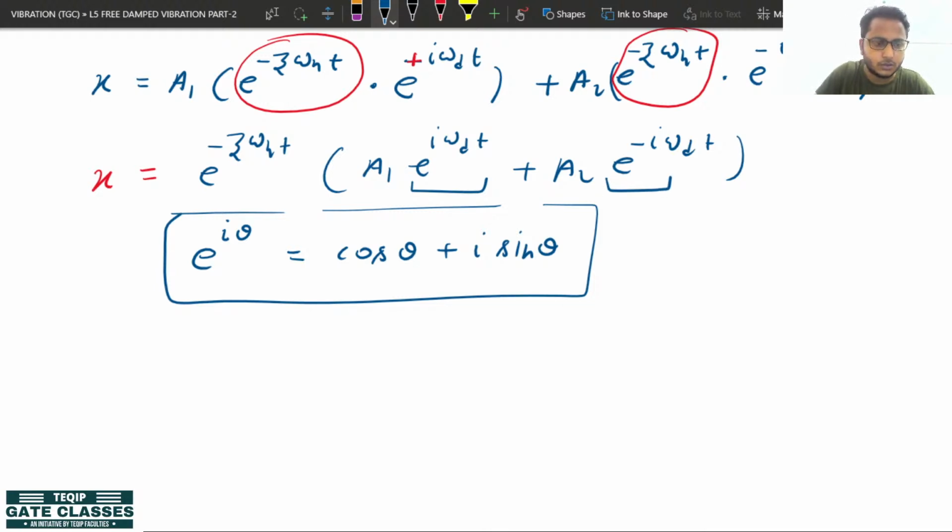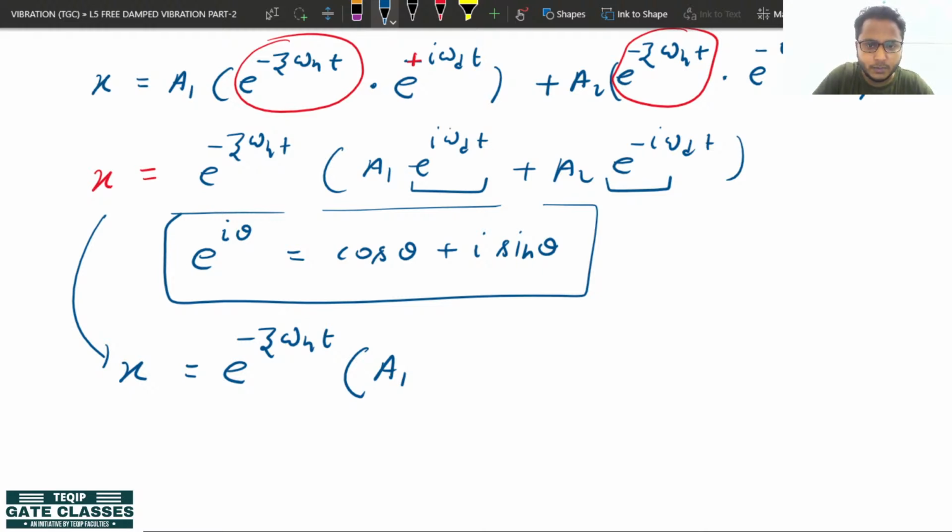Okay. So now we will have the value of x as exponential to the power minus zeta omega n t, and then a1 multiplied by exponential to the power i omega d into t. So in place of theta we have omega d into t.